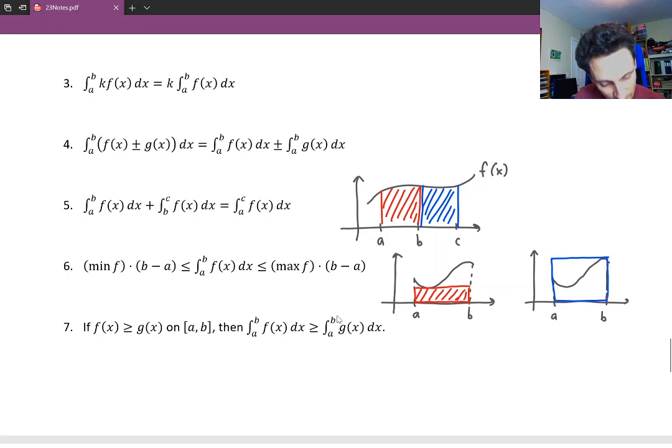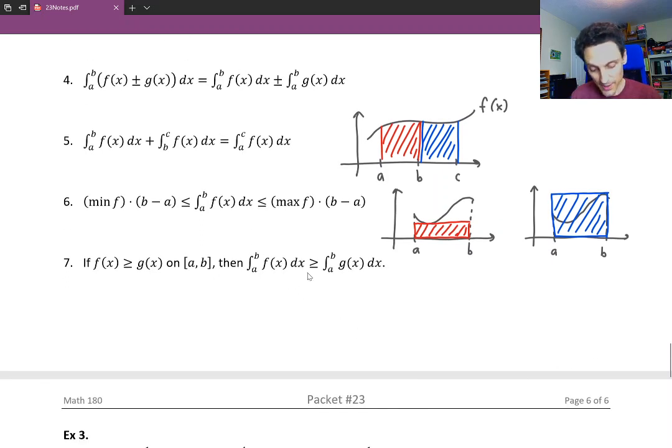If we take that maximum function value, which is the height of this rectangle, and multiply it by b minus a, which is the width of the rectangle, that gives you the maximum possible area under the function. It's actually an overestimate. In fact, you can consider the first picture to be the lower sum using one rectangle, and the picture on the right is like the upper sum using one rectangle. So this is going to give us an underestimate on the left and an overestimate on the right. So the actual area is going to fall somewhere in between. That's what the sixth property is saying.